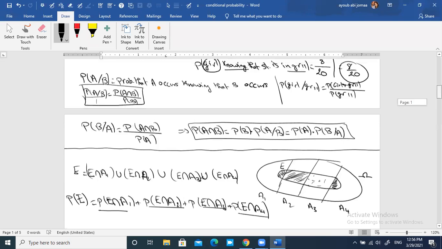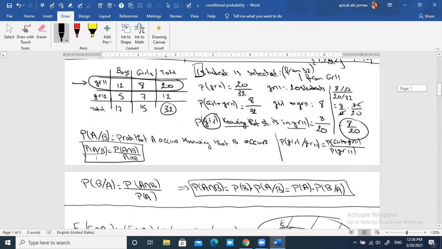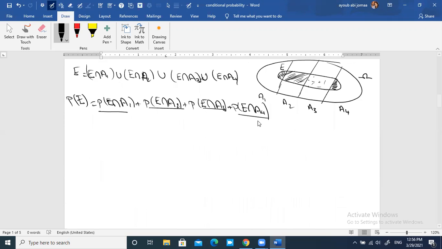In this example, boys and girls form a partition of the students. Or let's say students of grade 11 and students of grade 12 form a partition of the students. For example, here I draw a figure similar to the one I was working on.